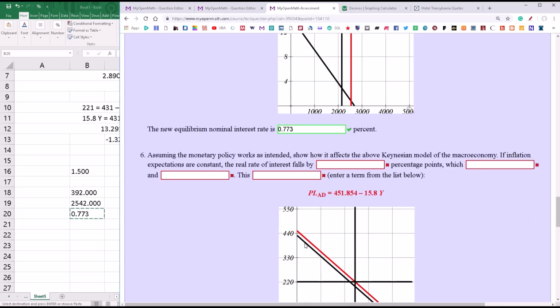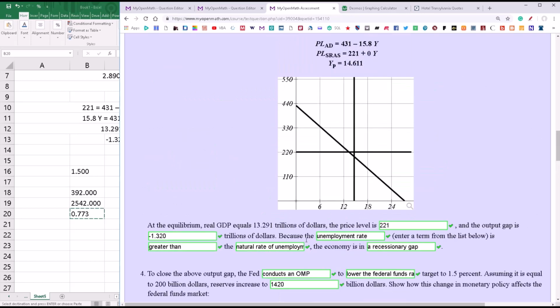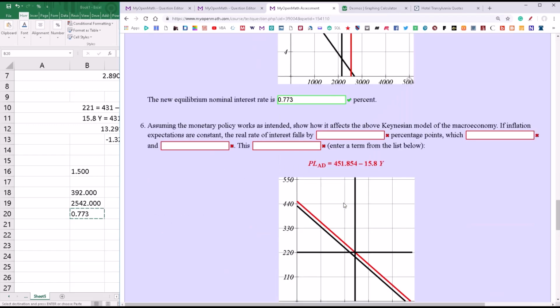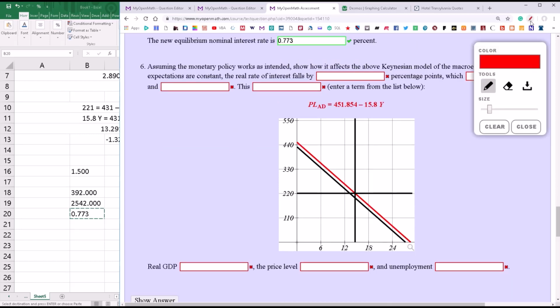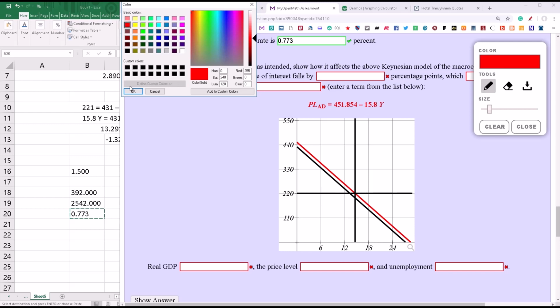Okay. Now, assuming the monetary policy works as intended, show how it affects the above Keynesian model. This Keynesian model, it's going to push this out, right? It's supposed to push aggregate demand to this point. Okay. If inflation and expectations are constant, what's going to happen? Well, let's look at this.